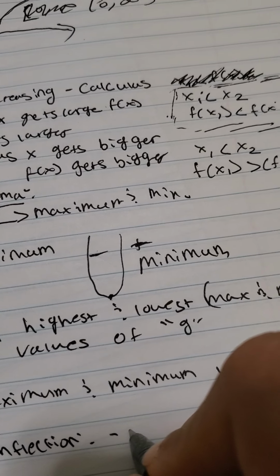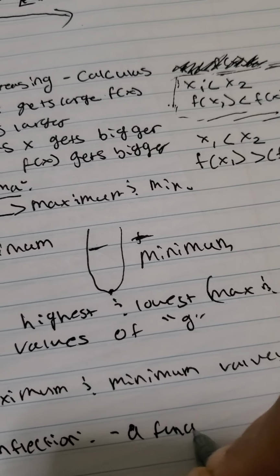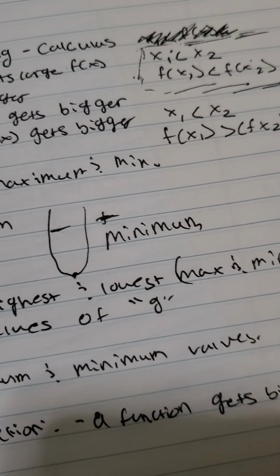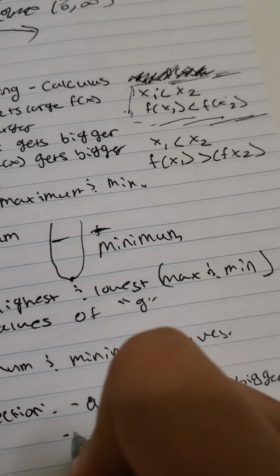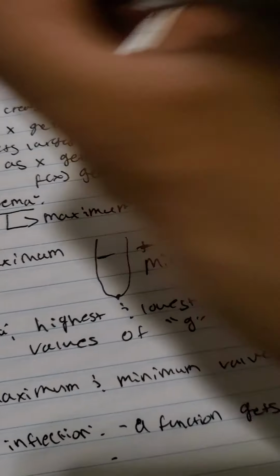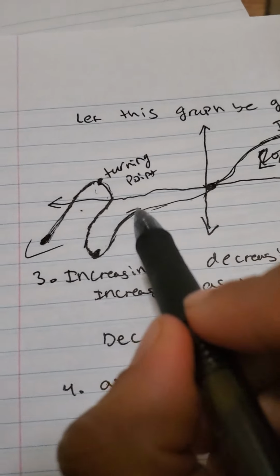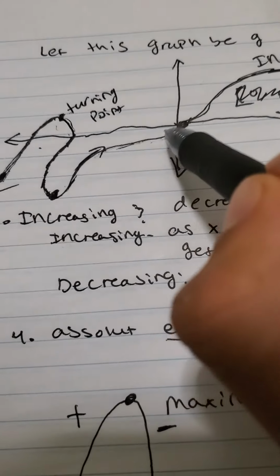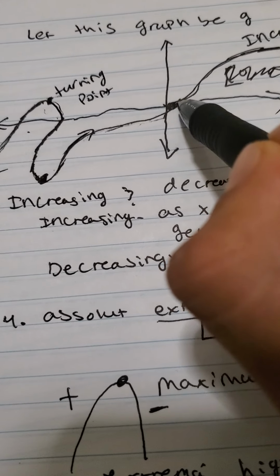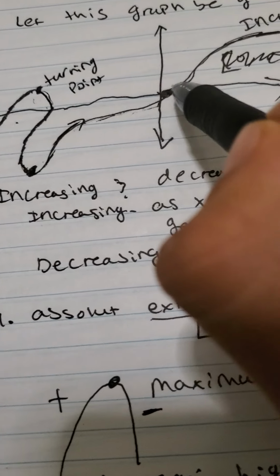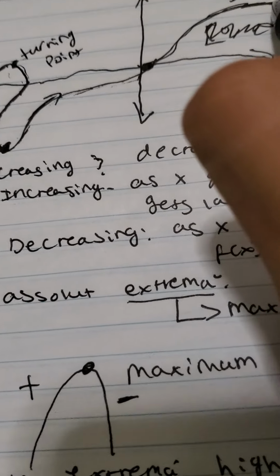And what that means is if a function gets bigger, it stops for a second. The easiest way to show it is right here. The function's increasing from this interval, and then it acts like it's going to stop for a second, like it's going to change directions, but it doesn't change direction. It goes back to increasing. So that's what we call a point of inflection.